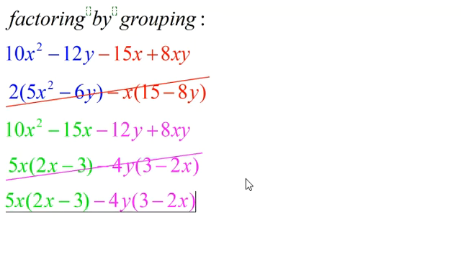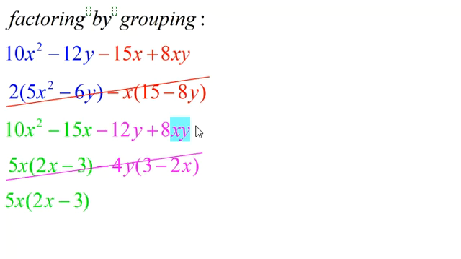So now I think we know what to do. If instead of negative 12y plus 8xy, you see how these two terms are the same but in the opposite order?